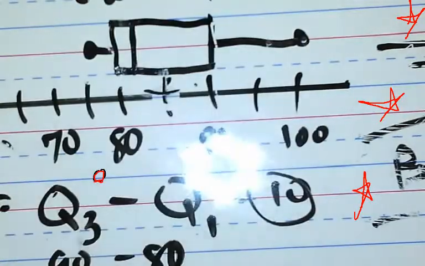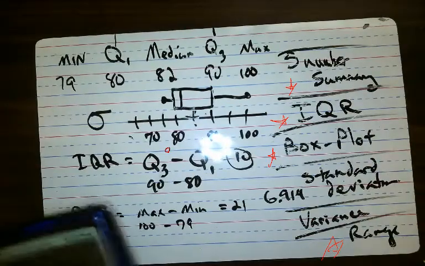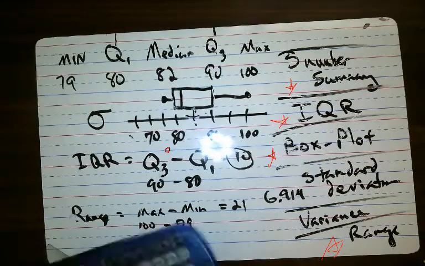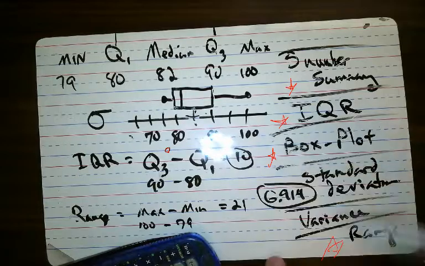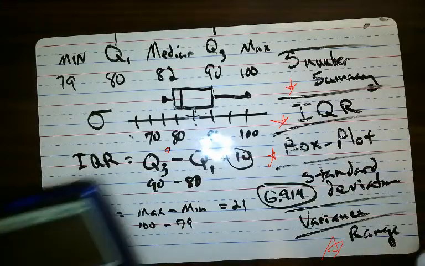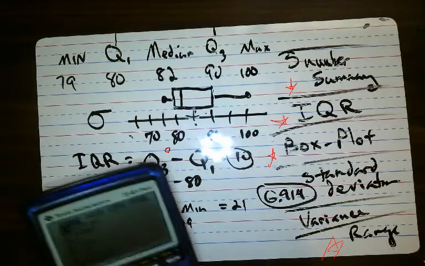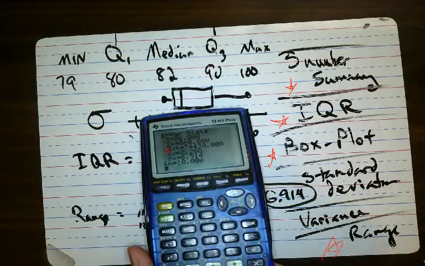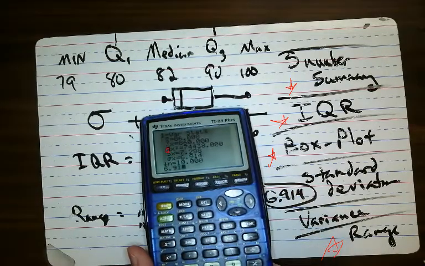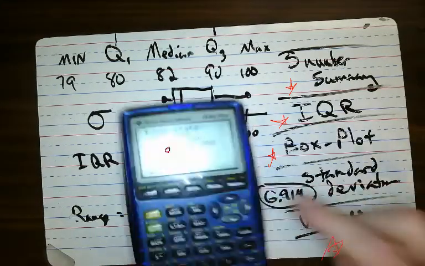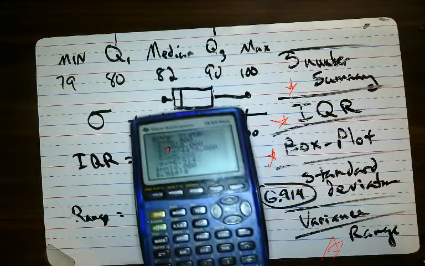And then, so we got the standard deviation. And then the variance is just that number squared. So if I do 6.914 and just square it, all I did was square it.